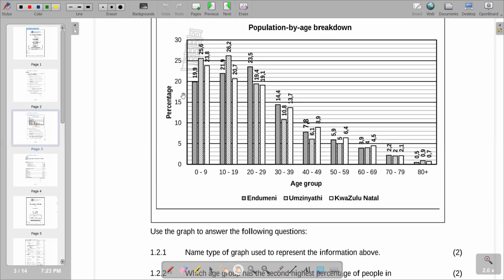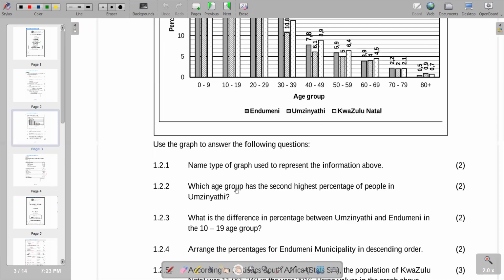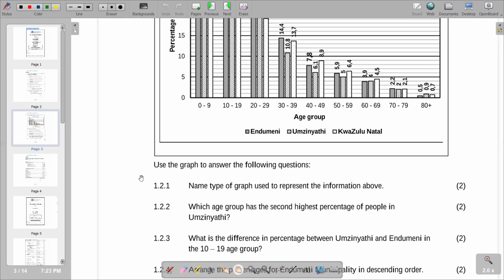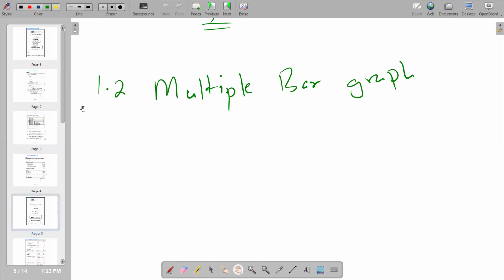So 0 to 9, according to the question, leads us to identify the age group. So the age group that we identified, which is now our 1.2.2, and we are saying our response is the 0 to 9 age group. And we go to the next question.